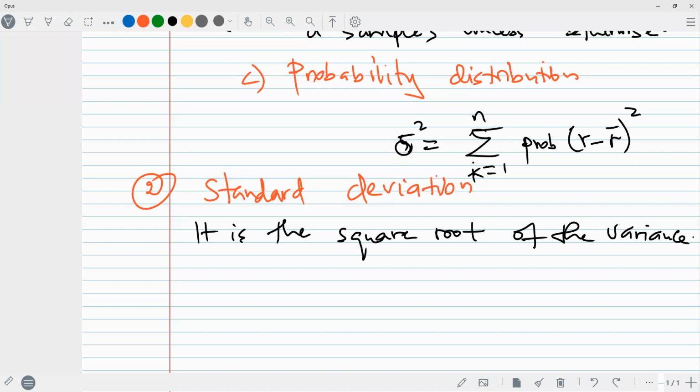If you're trying to analyze the population, the square root of the variance of the population. Now, actually, standard deviation makes more sense to interpret if you compare it with the variance.